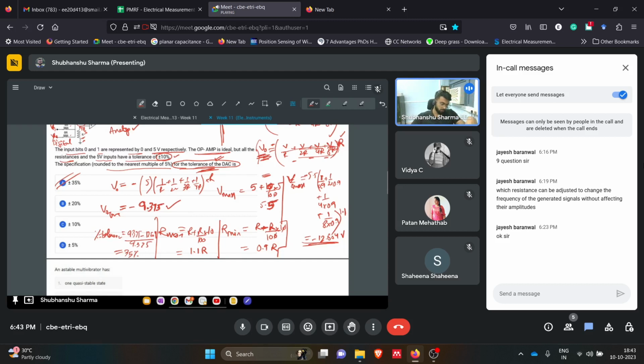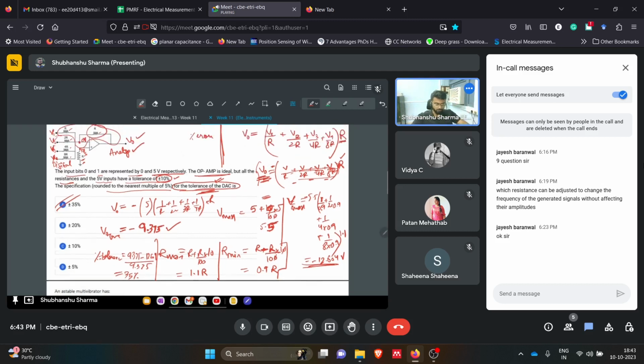But you cannot do that simply here because we have this plus sign in between. So we have to maximize the numerator and minimize the denominator in order to get the maximum output which we can get from that system, and then calculate the tolerance based on that. So basically, this is the concept for finding this.